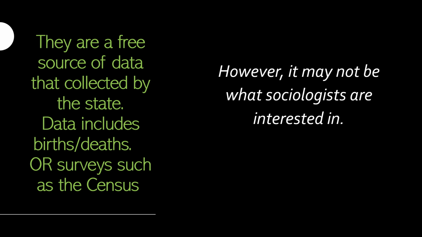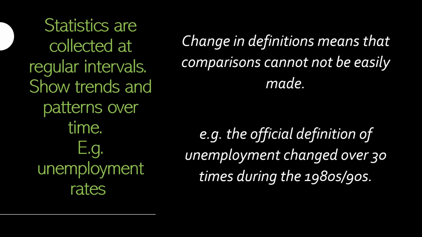So crime rates, education rates are influencing the decisions that the government make in terms of a perceived problem within society, gaps in achievement, for example. So as a result, it's not made specifically for sociological research. And also any data collected or any definitions that the state may use might vary, or it might not be of use to a sociologist.